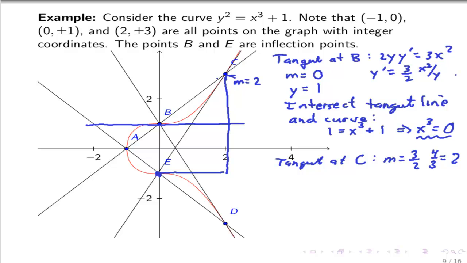So exactly, you can see that the tangent line at C is passing through the point E. Well, that's neat.